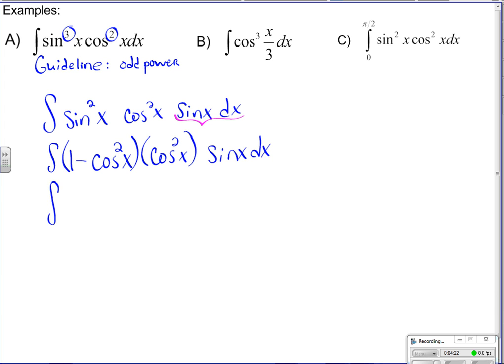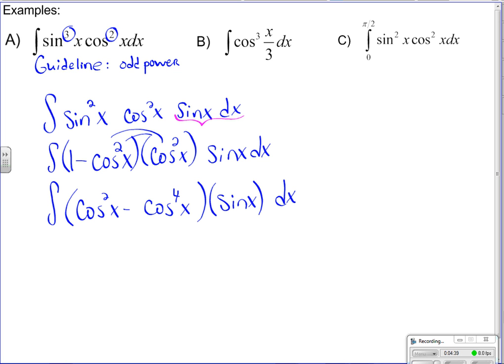And if I go ahead and distribute, I would have cosine squared x minus cosine to the fourth x multiplied by sine x dx. Now, a little du sub, or u du.